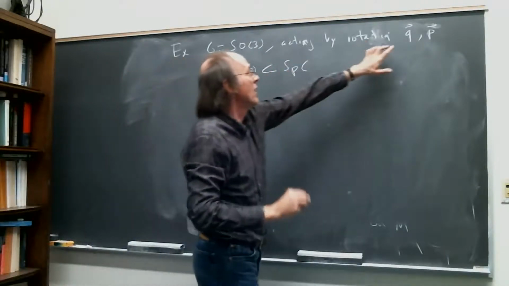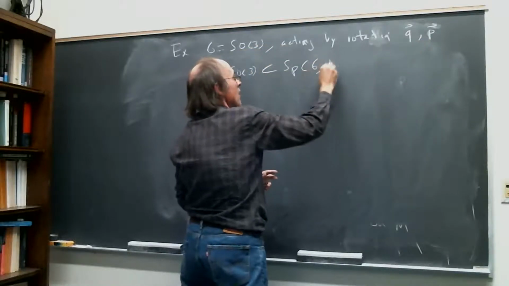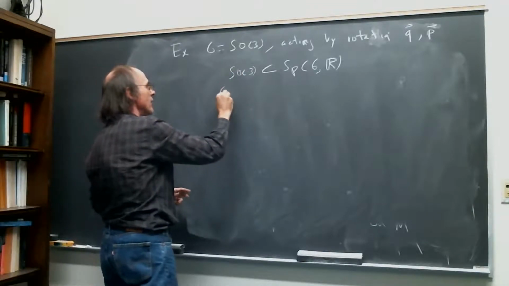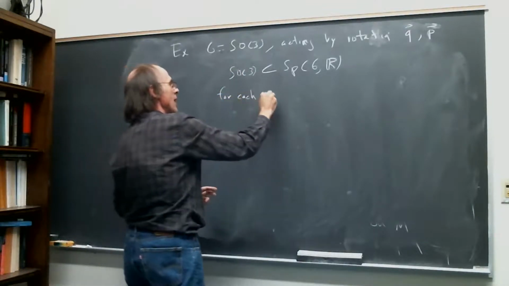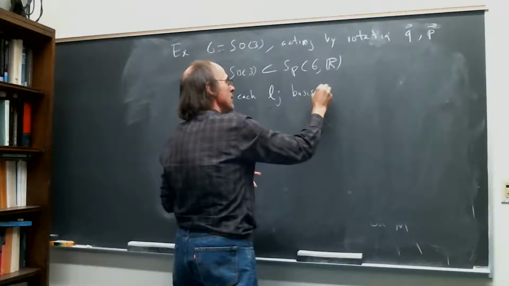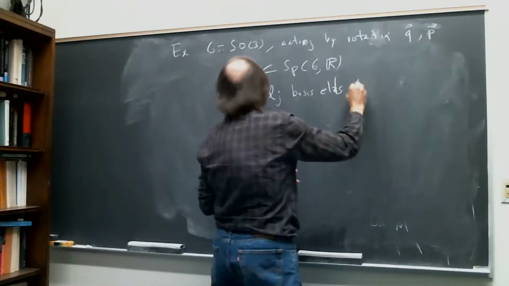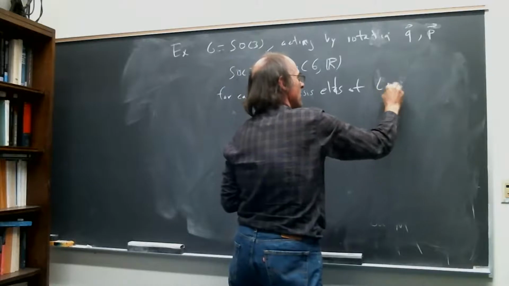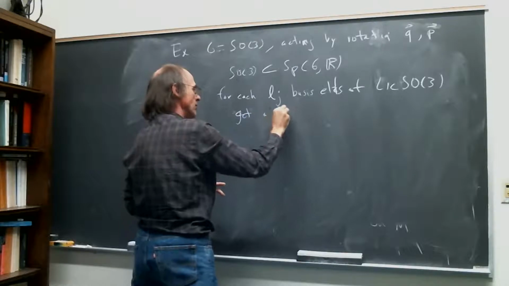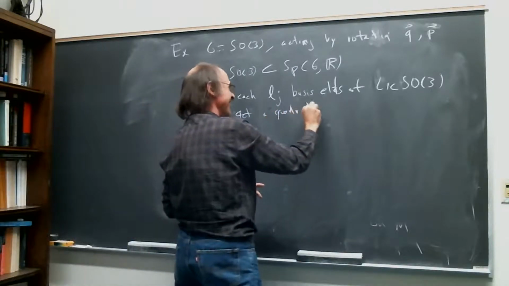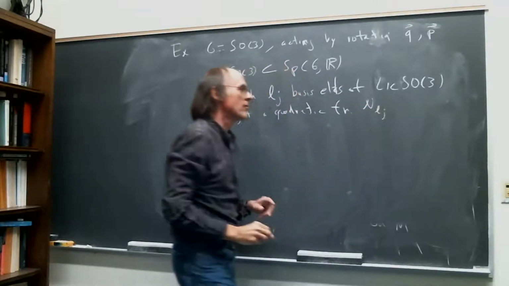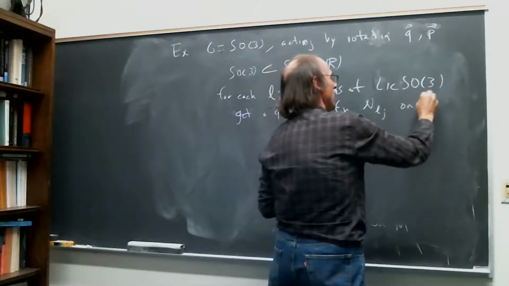And now here you've got 3 of these and 3 of these, so it's R6. And to each L sub j, the basis elements of the Lie algebra of SO3, you're going to get a quadratic function mu L sub j on R6.